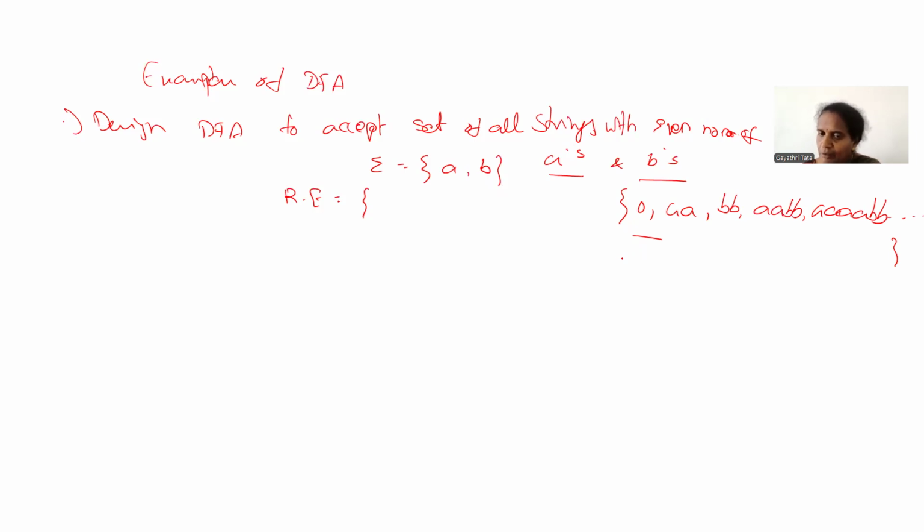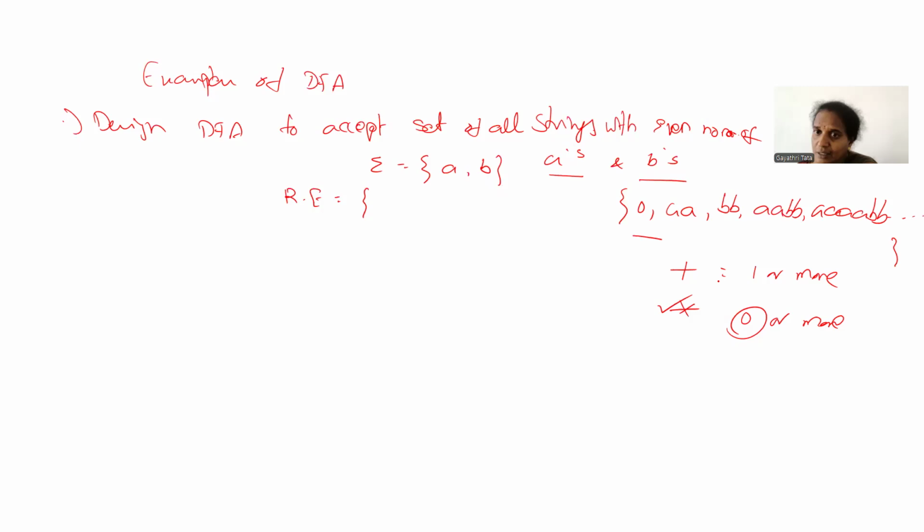Based on this, in the regular expression we have to use either positive closure or Kleene closure. Positive closure means one or more, and Kleene closure means zero or more, so zero has to be present.